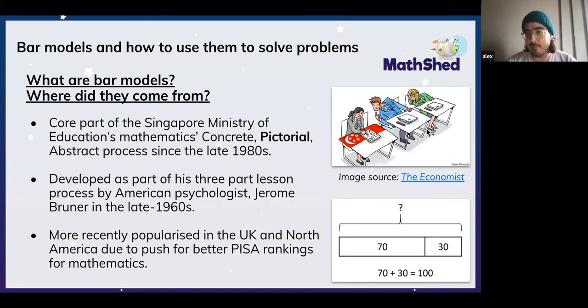And at the same time, the UK, Canada, North America, industrialized Western nations, let's say, have continued to slip down the PISA international rankings, and therefore looked to Singapore for inspiration. And obviously, in recent years, we've begun to see this process being promoted by various different organisations in the UK, such as the NCETM, being the principal organisation that's the real advocate for that in this country.